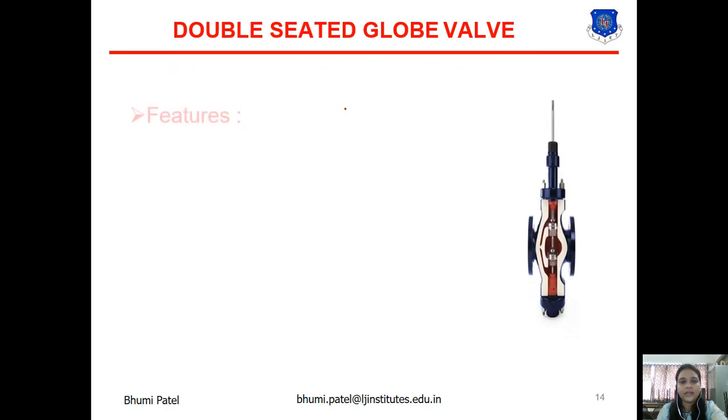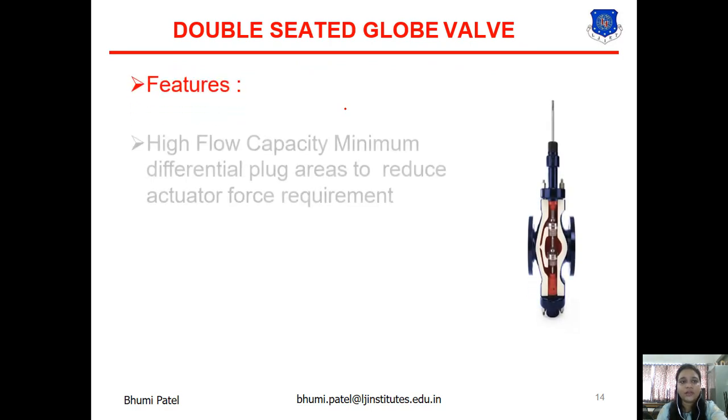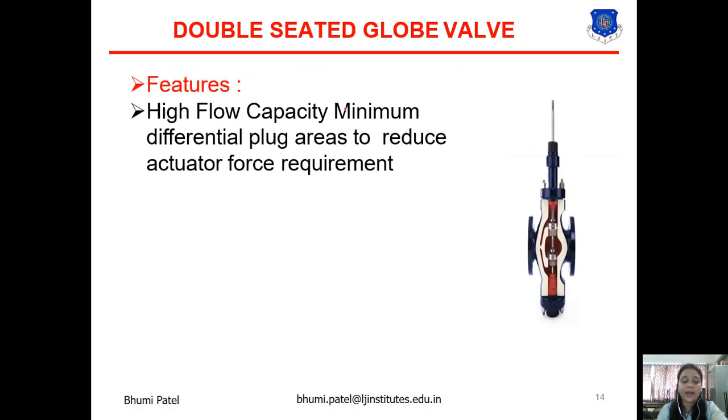Now the features of the double seated valve: high flow capacity, and minimum differential plug area to reduce actuator force requirement. This is the first and most important feature of the double seated valve, as it minimizes the actuator force.